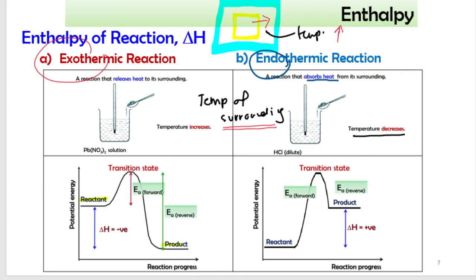For your endothermic reaction, reactant bahagian bawah ni, product is higher. And remember keyword dia penting yang kamu kena ingat. Kalau exothermic, delta H negatif. Kalau endothermic, delta H nya positif.